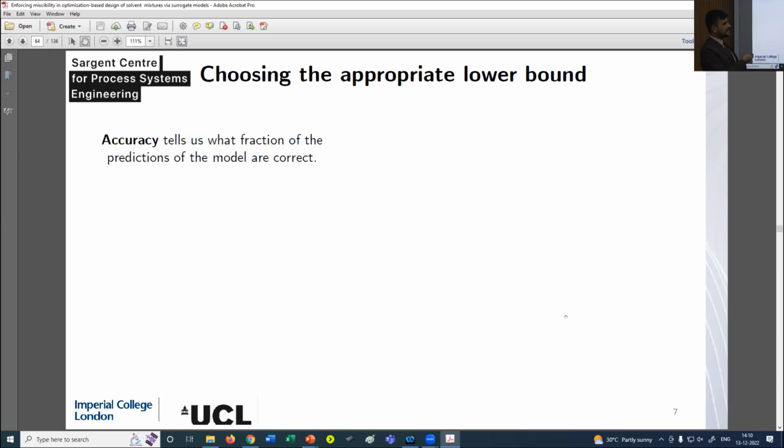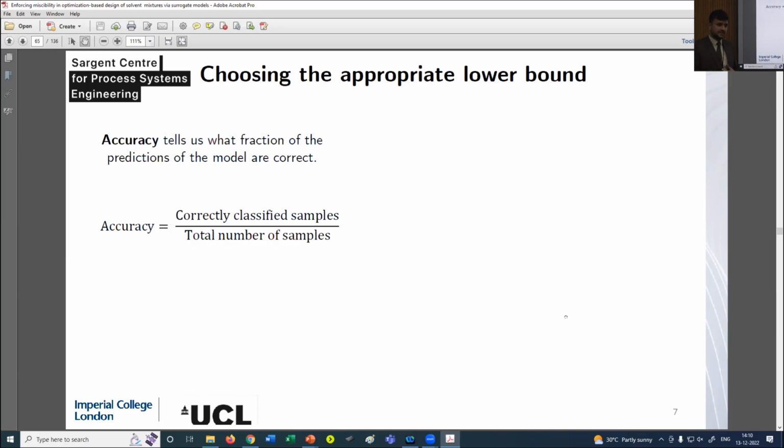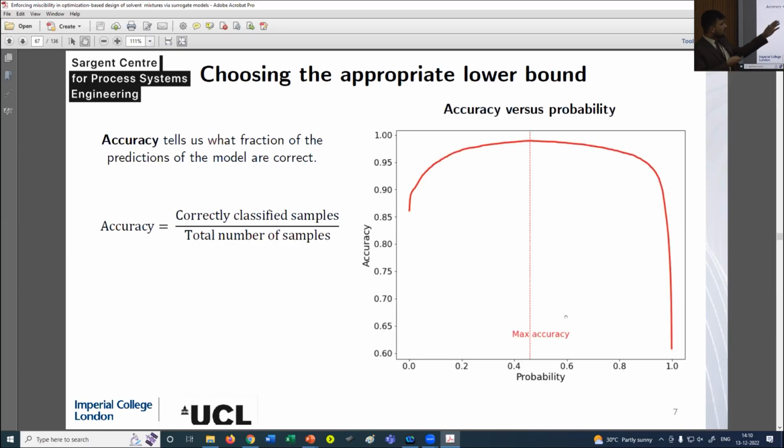So first I would quickly like to introduce what accuracy is. Accuracy tells us what fraction of model predictions are actually correct. And what I'm showing here in this plot is accuracy on the y-axis and probability on the x-axis. So let's say we just choose a probability of 0.1. This probability of 0.1 is actually the threshold at which we say whether the mixture is miscible or not.